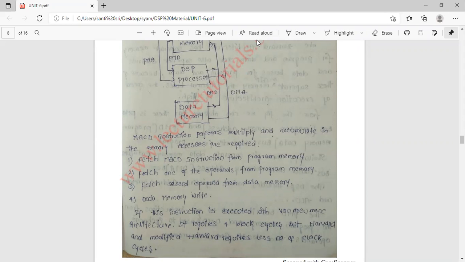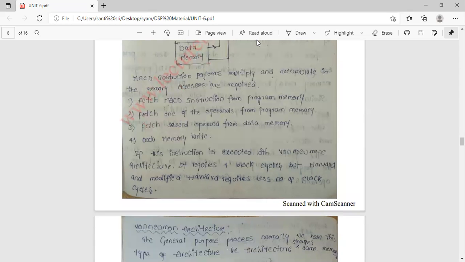If this instruction is executed with the conventional architecture, it requires 4 clock cycles, but the modified hardware requires fewer clock cycles.